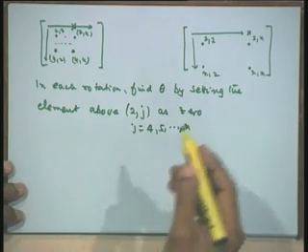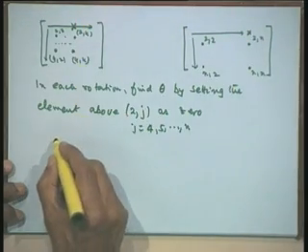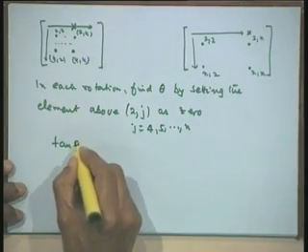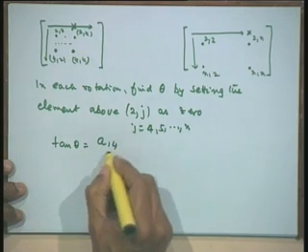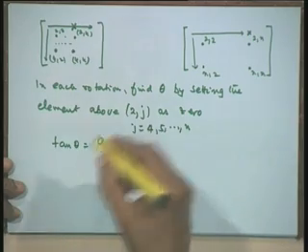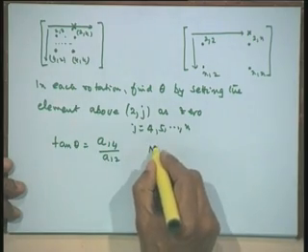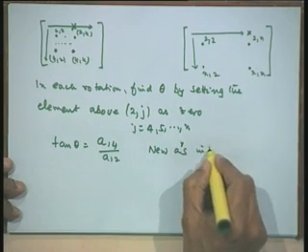Now, what happens is, each time we are setting this, the value of tan theta would be the same, that is your element a 1 4 by a 1 2. This a is not the original a, it is the new a in the rotation, these are all new a's in the rotations.